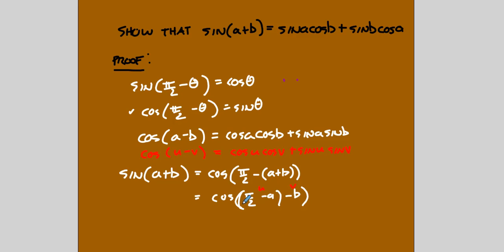I'm going to call this u and this v. So this is the difference of this and this, so the cosine of u minus v is going to equal, from this property right here, the cosine of pi over 2 minus a times the cosine of b plus the sine of u, which is pi over 2 minus a, times sine of b.